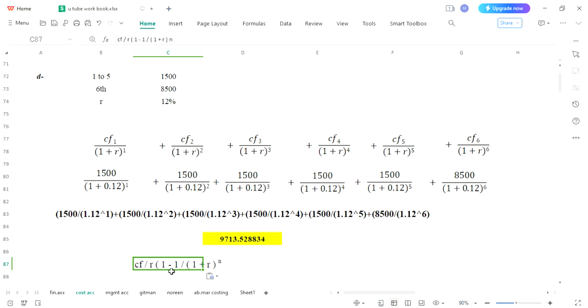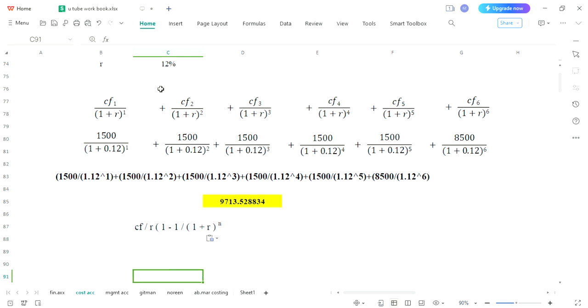We have posted this formula and you can see 1500, 1500, 1500 and 1500, all values are the same. So we can use this formula when values are the same. This question would be divided into two parts. Keep it in mind, this is an alternative way. You may use it or you may not, but I am willing to transfer this skill to you as well, so that you have the option to use it.